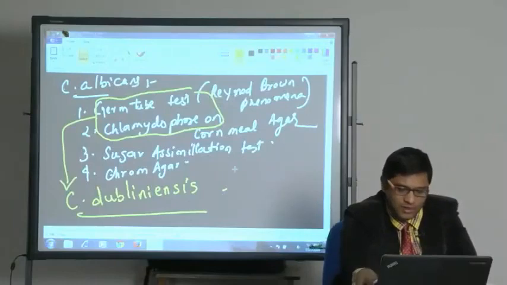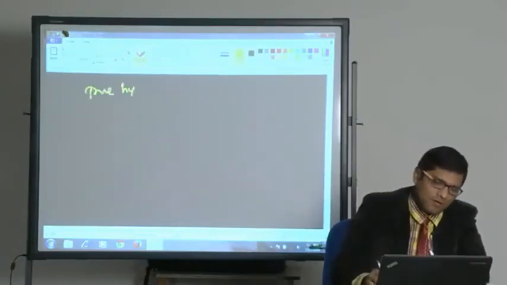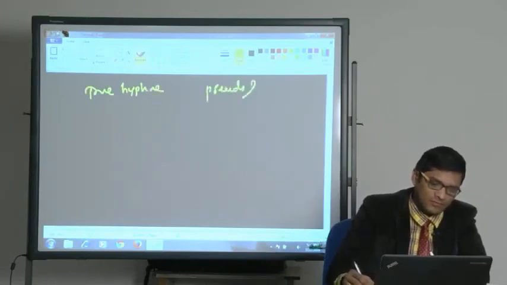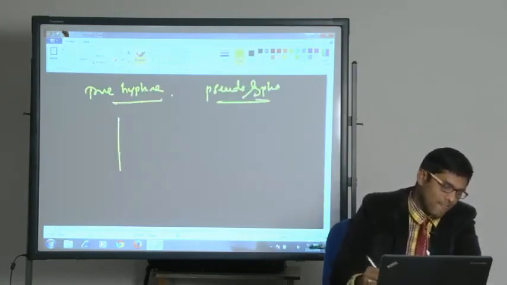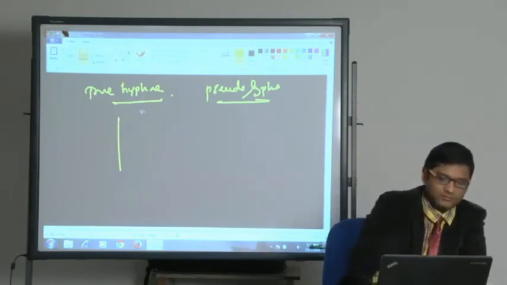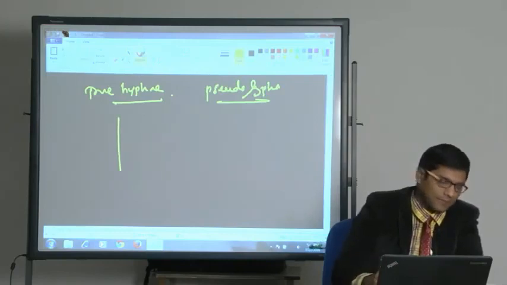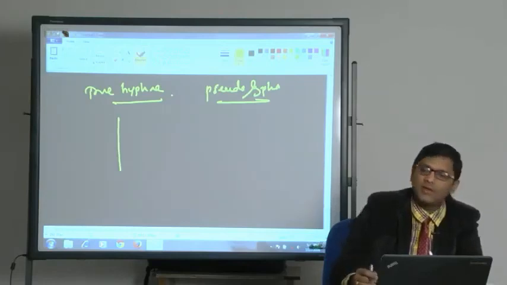Can you tell me what is the difference between a true hypha and a pseudohypha? They say that in a pseudohypha, the septa are constricted and the origin of the branch also will be constricted.